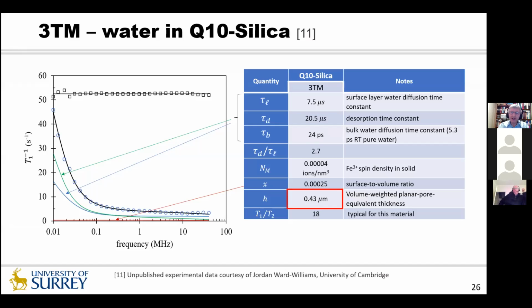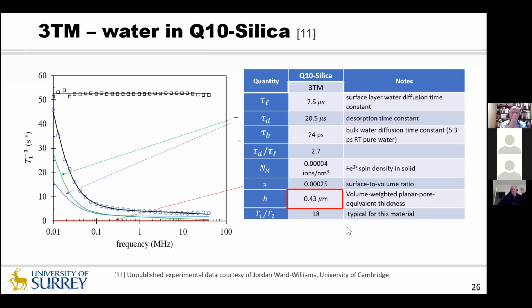H, the characteristic thickness of the pores that comes out of the fit, is much smaller than the previous silica sample we've just seen by a factor of about 4 or so. But it's 430 nanometers, notice. It's not 10 nanometers. I would say that this is a volume-weighted planar pore equivalent thickness.